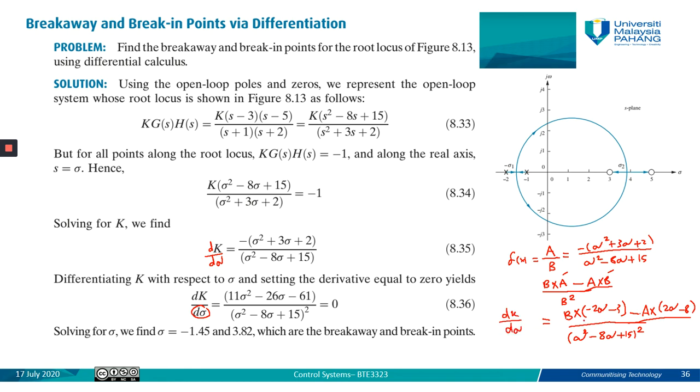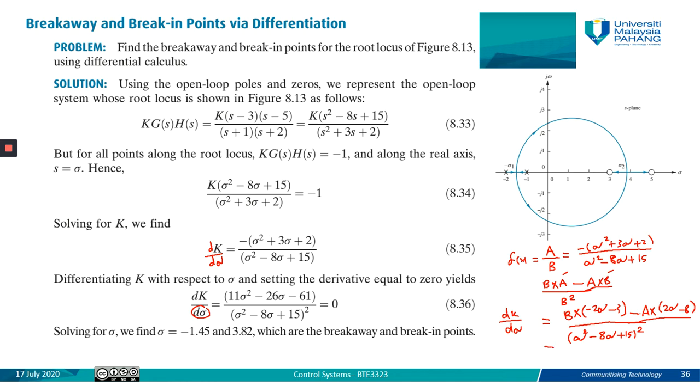Now you just need to substitute the value of b, which is sigma square minus 8 sigma plus 15, and the value of a, which is negative sigma square plus 3 sigma plus 2, and simplify. After simplifying, you make the whole expression equal to 0.